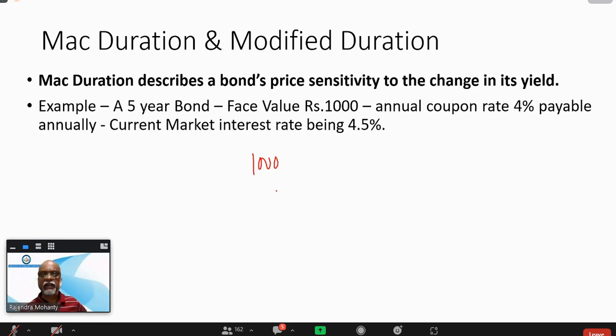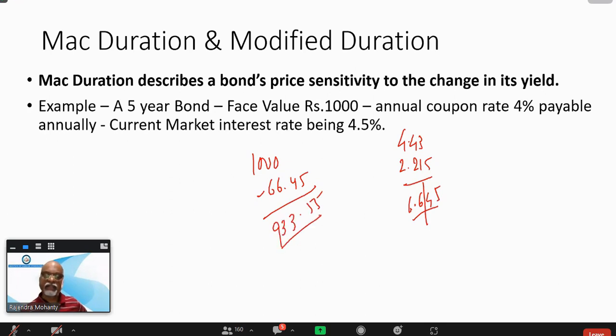You are telling 1.5 means 66.45. So you reduce 66.45, and minus means 933.55. Yes, that is correct.